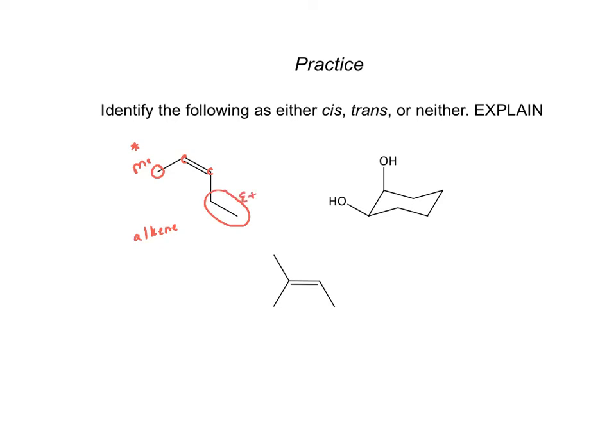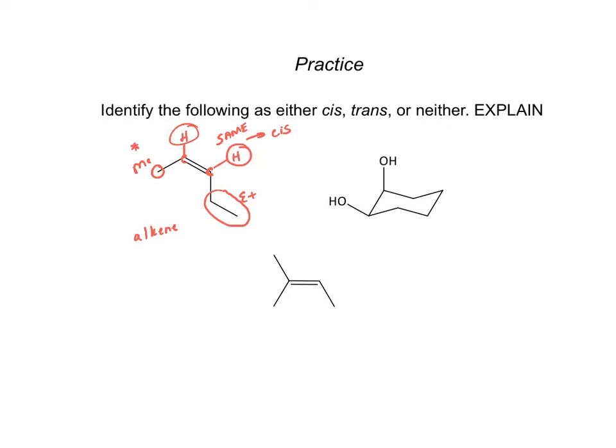These are not the same, all right? So we can't compare where they are relative to one another. Instead, the thing that is the same that we can compare are these 2 hydrogens, right? So we can say, where is this hydrogen on this side of the double bond relative to this hydrogen on the other side of the double bond? And if they're on the same side, which they are, then that is cis. So this would be a cis stereoisomer.